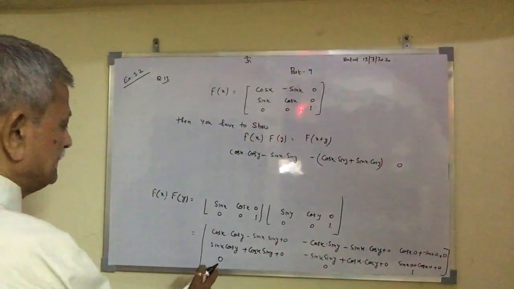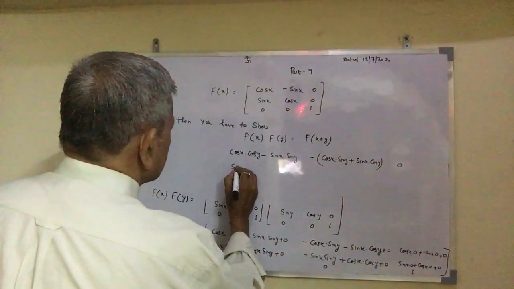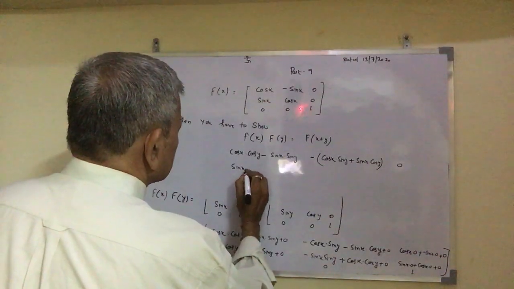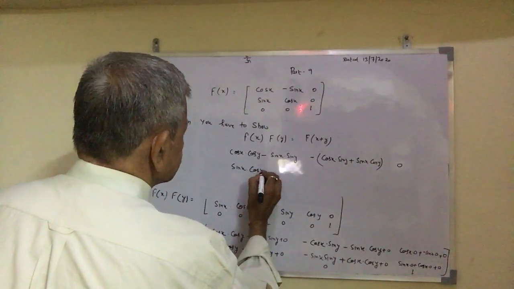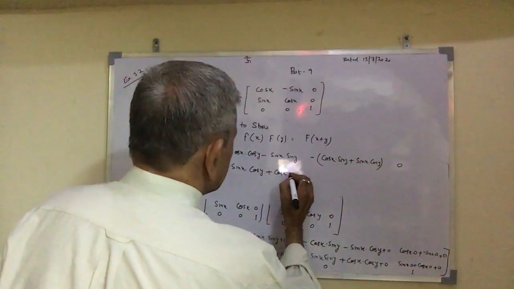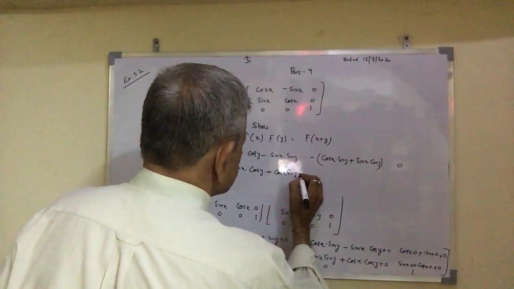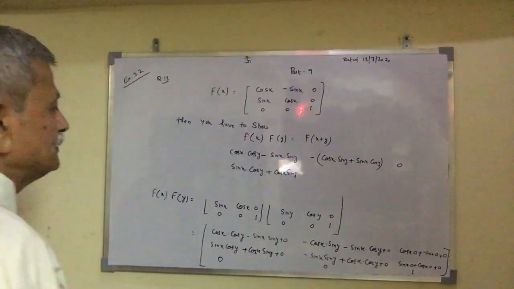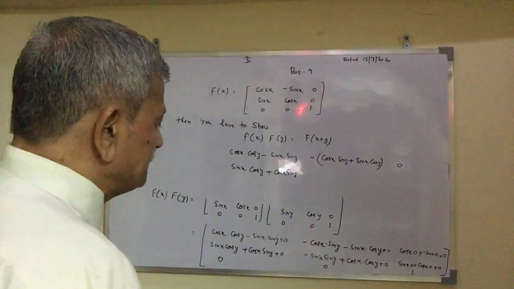And then here your sin x into cos y plus cos x into sin y, adding 0, your value is left with this same part.